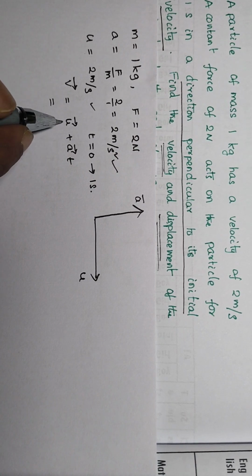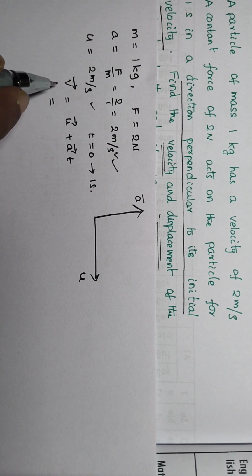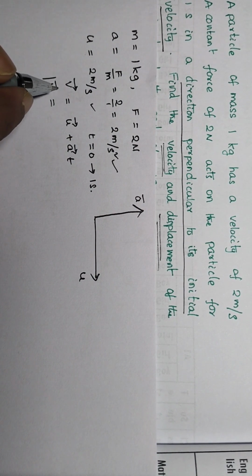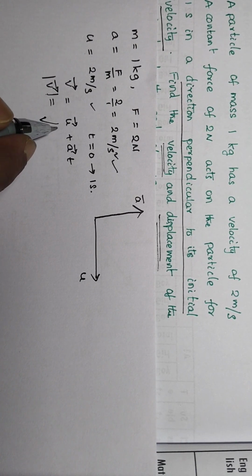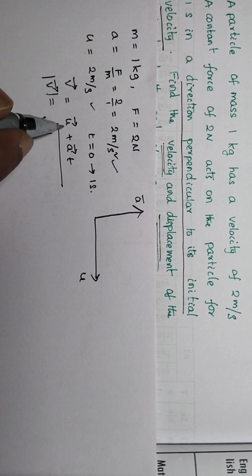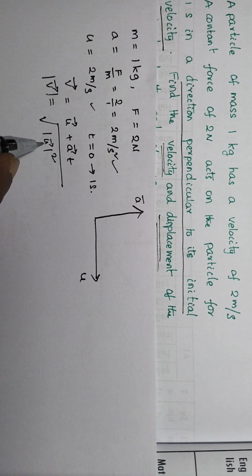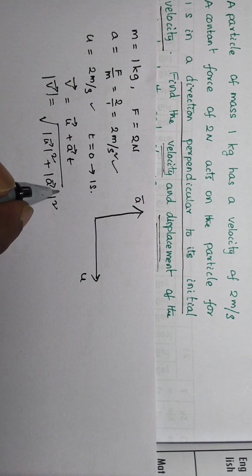The magnitude of the velocity is the root over, since they are both perpendicular, mod u bar square plus mod a bar t square.